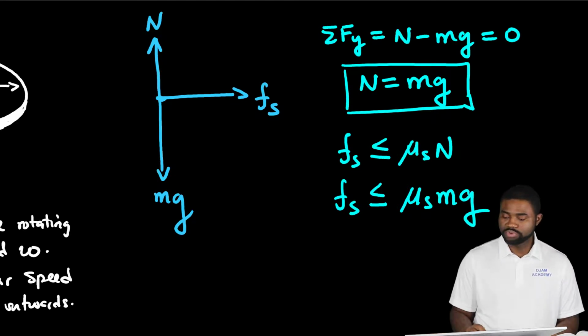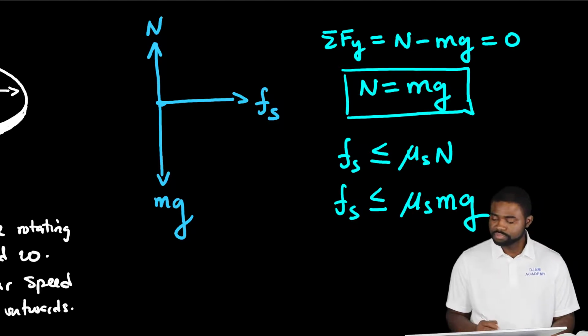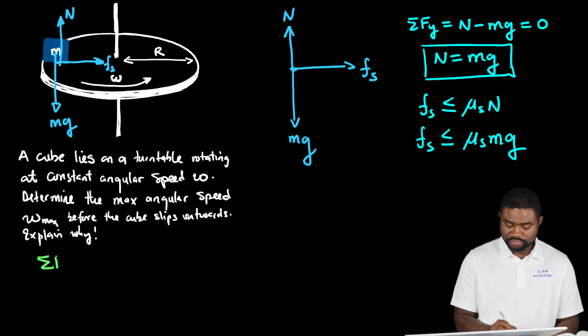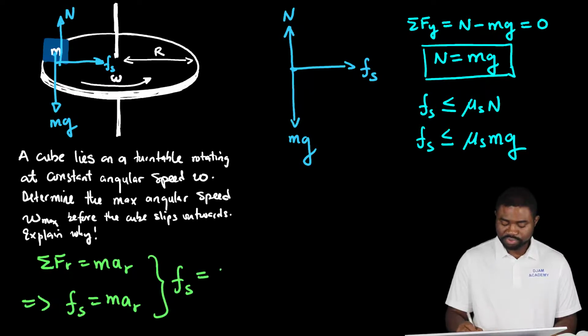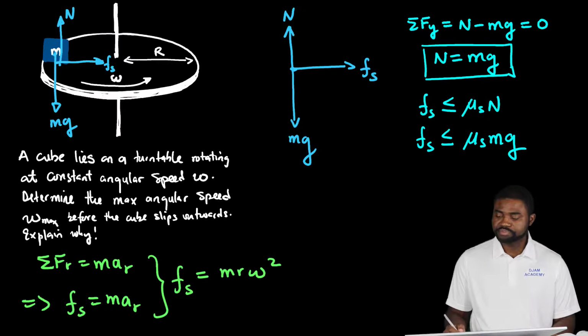Now, let us sum the forces in the direction of the centripetal acceleration. We know that the summation of F_r is equal to m a_r, which would mean that F_s is equal to m a_r. In other words, F_s is equal to m r omega squared.